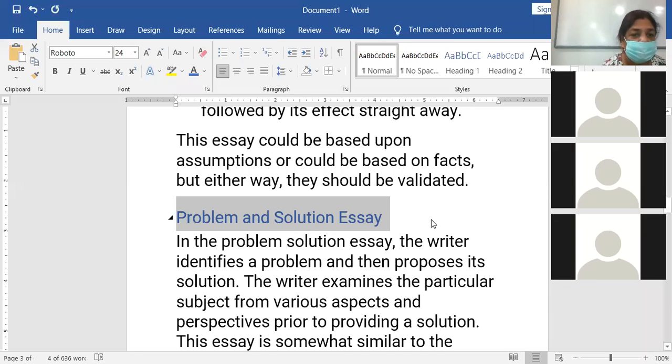Problem solution essays. In the problem solution essays, the writer identifies a problem and then proposes its solution.